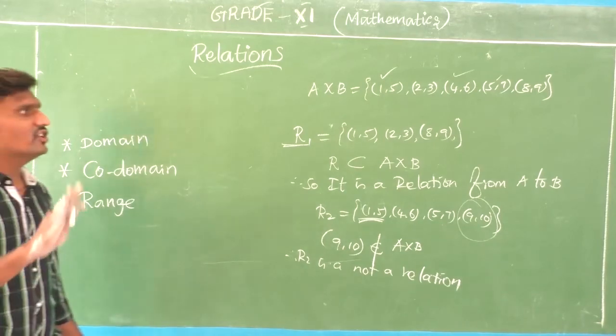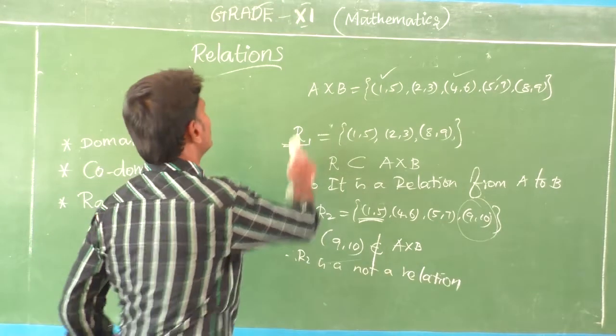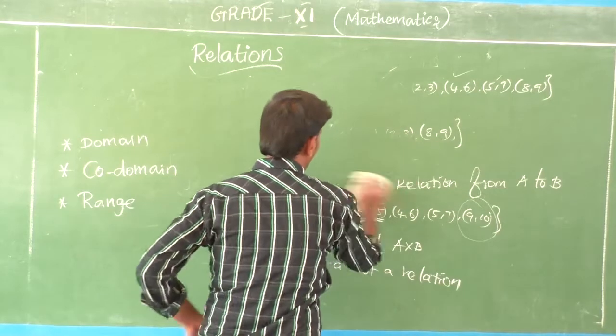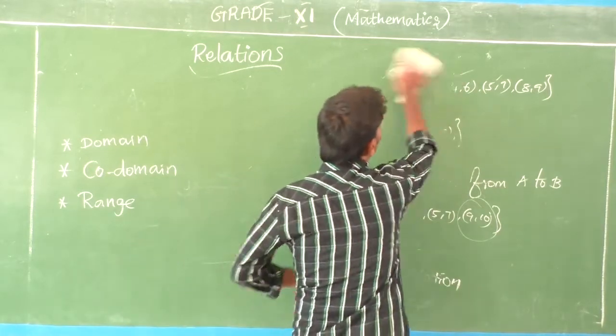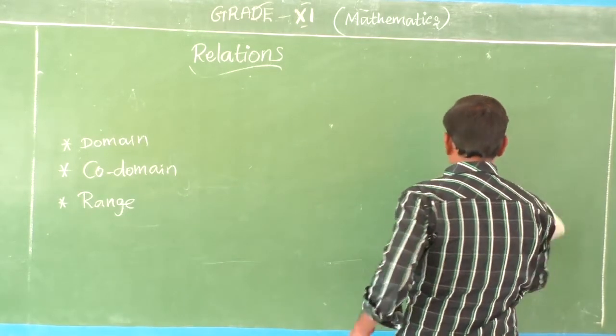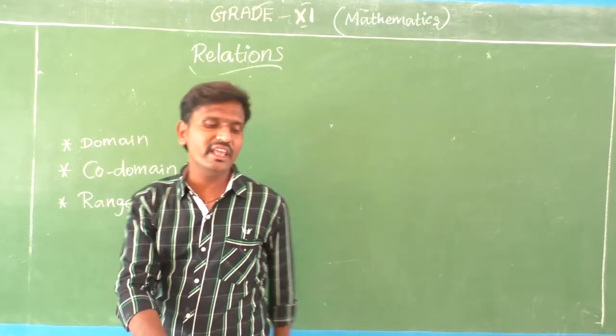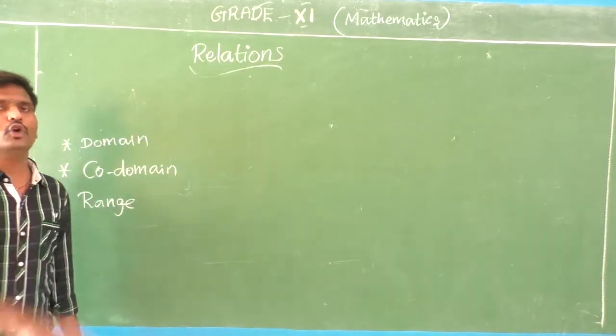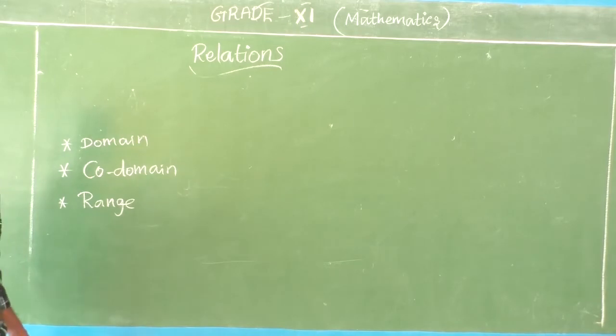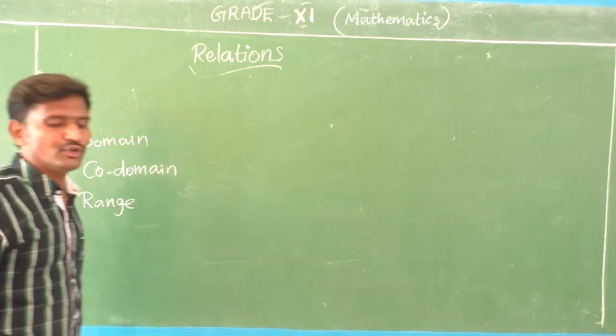So what is the domain? The first set, A, is said to be the domain, and the second set, B, is said to be the codomain. The numbers in the codomain that are mapped by the ordered pairs are the range. Now listen.